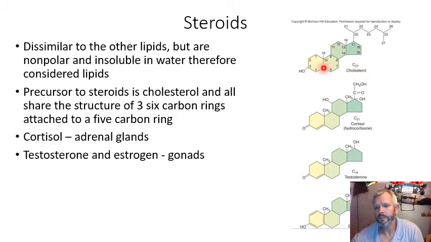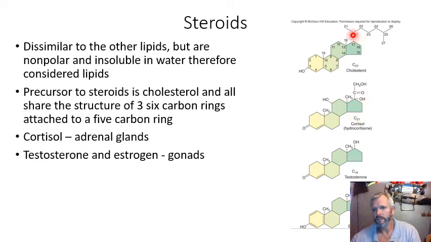You can see the structure here with these four rings, and cholesterol is, well, you always hear it in the bad sense, the bad cholesterol clogging up arteries. It is also a precursor to many of our hormones, our nonpolar hormones, like cortisol.